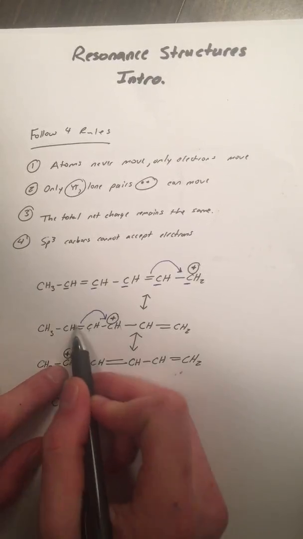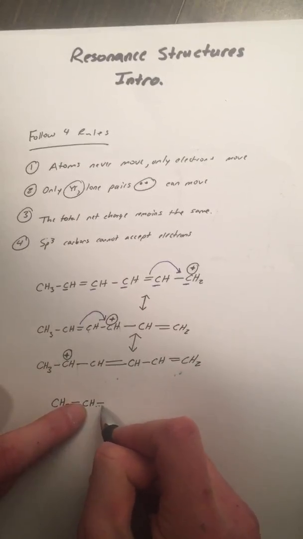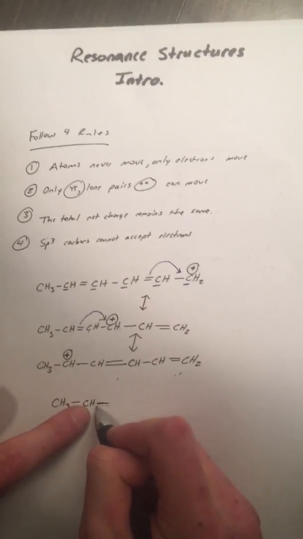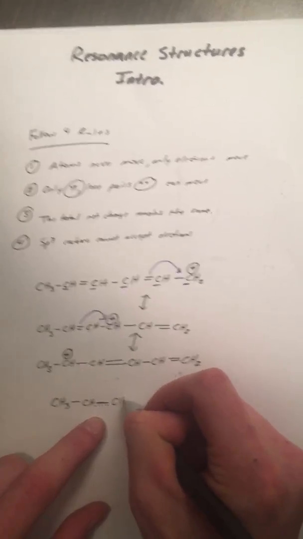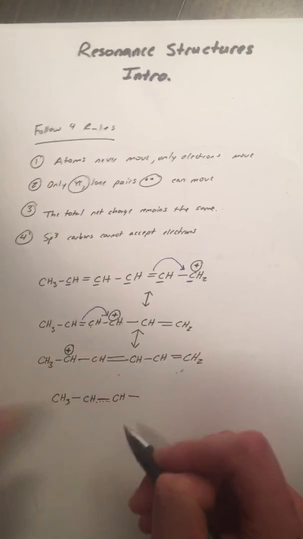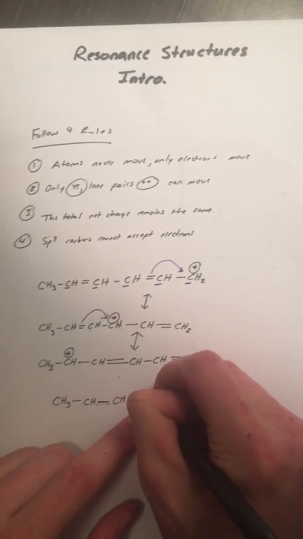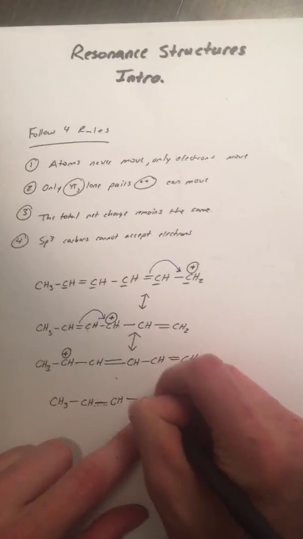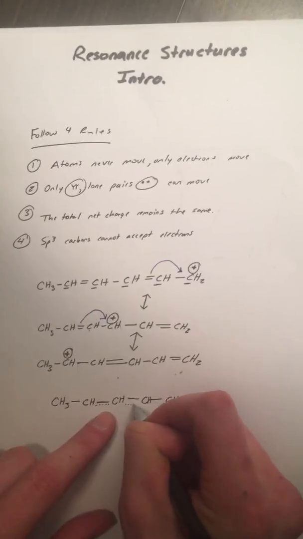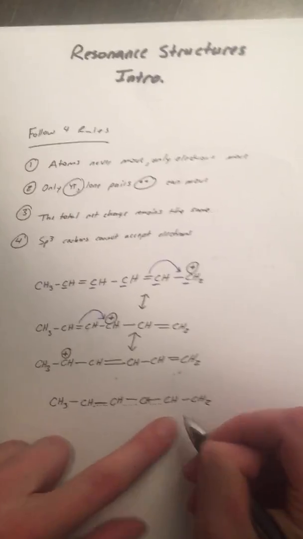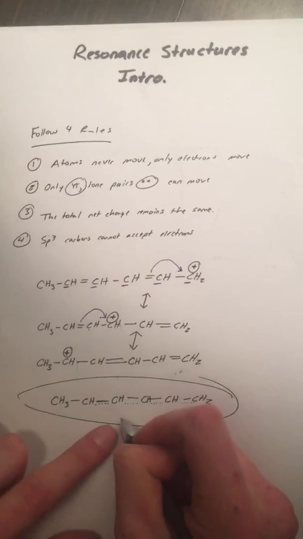Between these 2 areas there was a pi electron that moved, so you draw a couple of dotted electrons like that. Another one between these two. So you get what I'm saying. Each one has hydrogen until you get to the end, CH2. Then they all share these electrons, realistically. This is the hybrid.